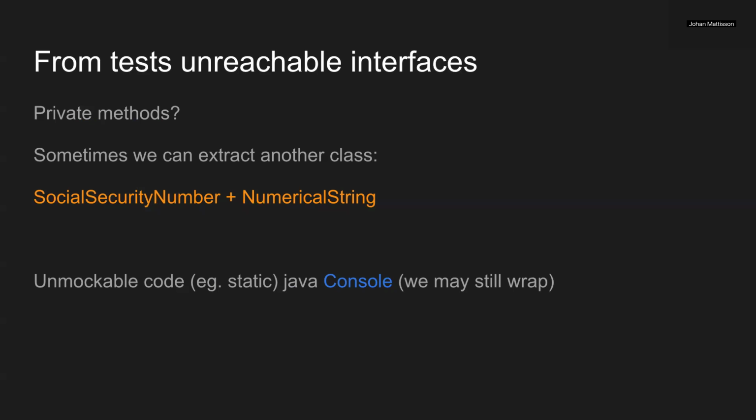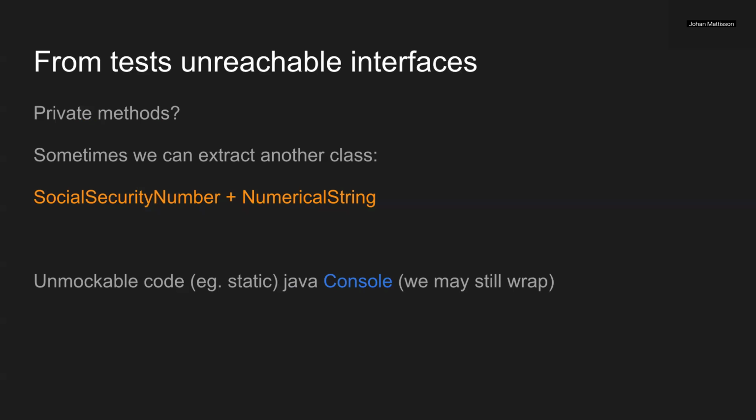Another way to do it, I think we saw an example of that, would be through dependency injection. Let's say this numerical string has some private methods that we can extract out and make public. Then we could test the numerical string in itself, like a solid unit, which is usually what you want to do, because you want the units to be small.